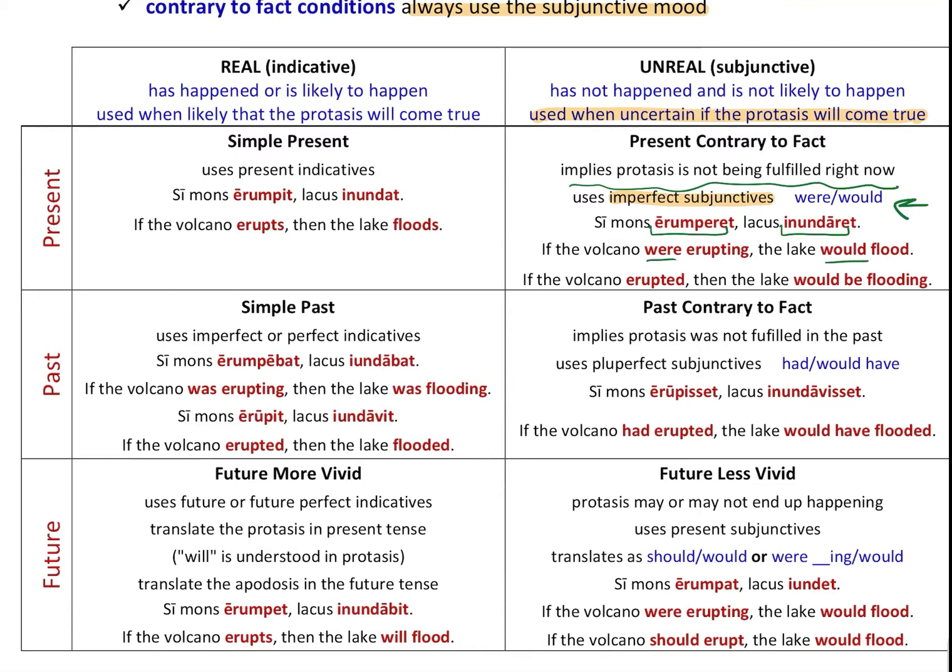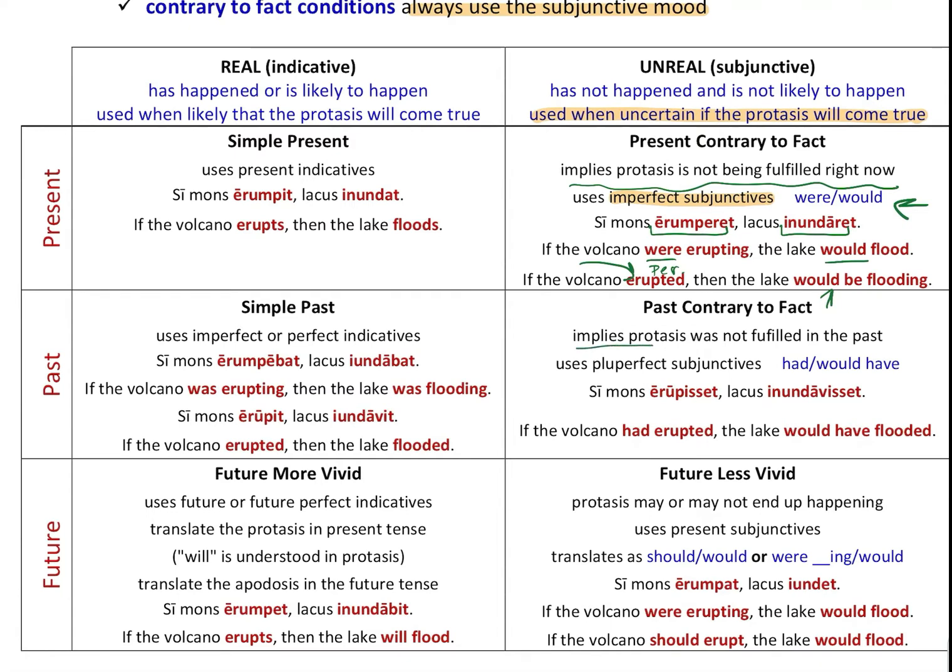Or you can say if the volcano erupted, because remember, imperfect and perfect. So if the volcano erupted, then the lake would be flooded. So use that would or were in there. Okay, but remember when you translate imperfect subjunctives, you can do the perfect sometimes, but you wouldn't make them both perfect. Okay, all right.